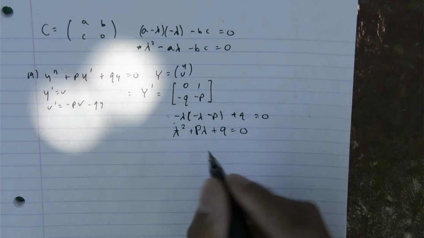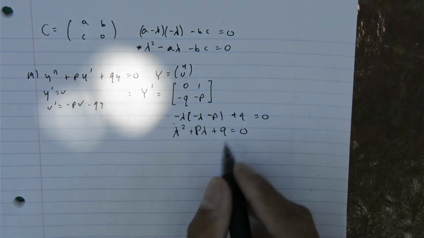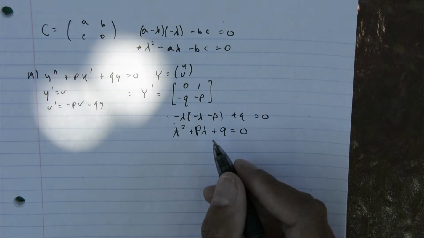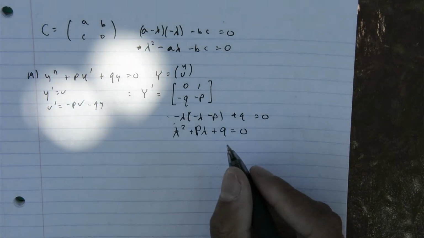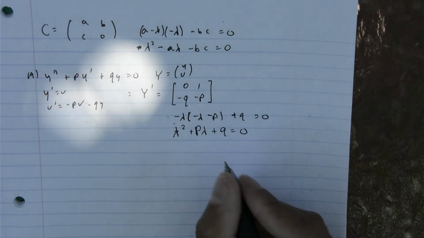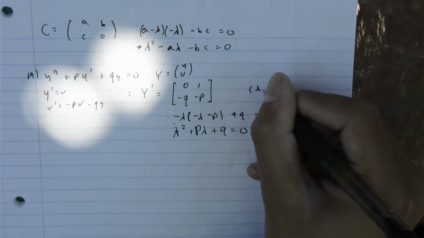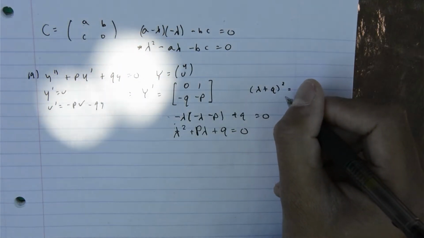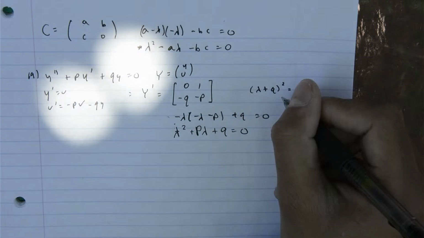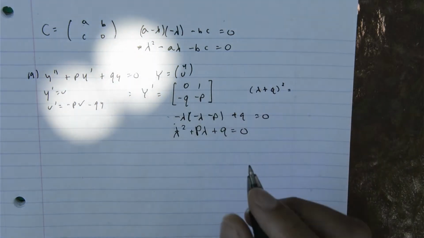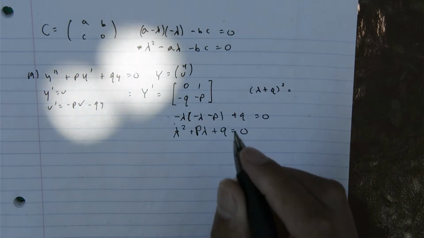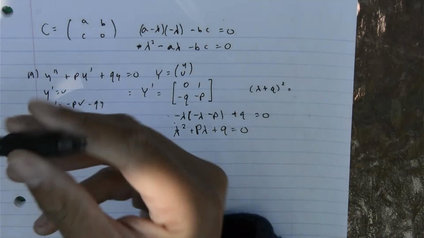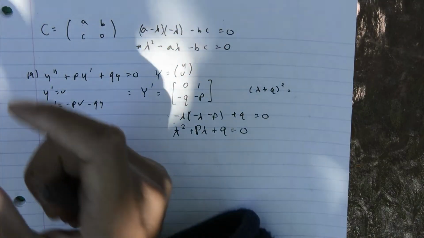Okay, so then you can do all that, but under what conditions on p and q are the eigenvalues two distinct real numbers?